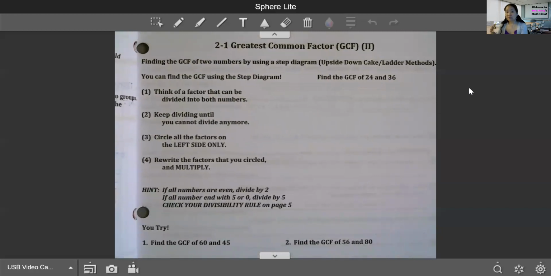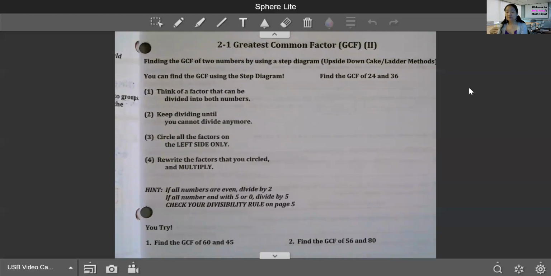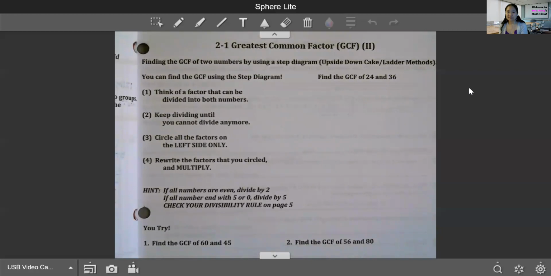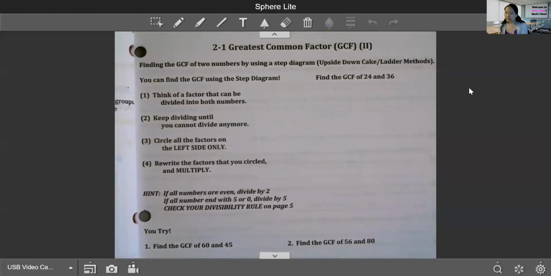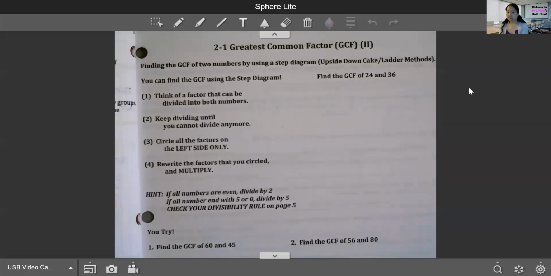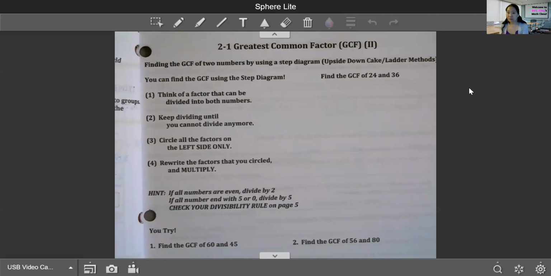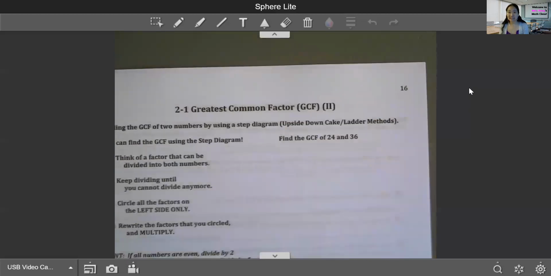Later, when we learn about least common multiple, you can also use it to find the least common multiple. I'm going to show you how to find the GCF using both ways, but for the majority of the homework, you will be using the method that you learned on page 16.